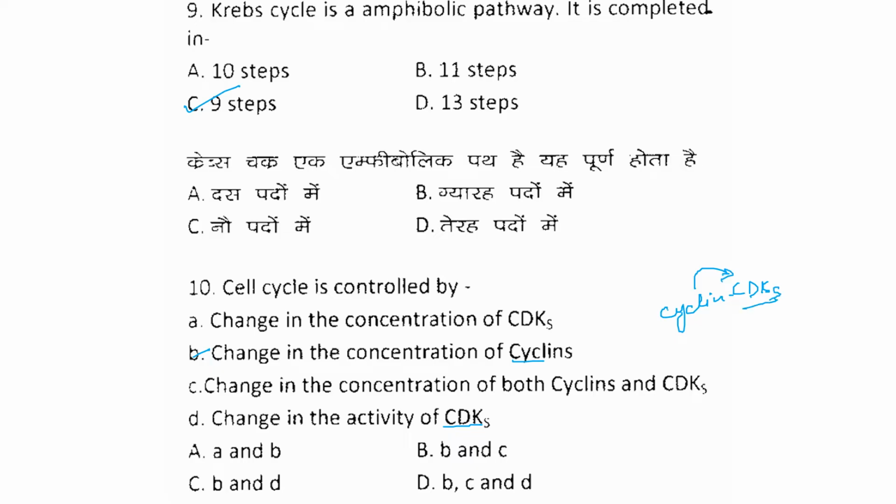CDK, as the name suggests, is cyclin dependent kinase. So they are dependent on cyclin for their activation, and the level of cyclin changes during the different phases of the cell cycle, and they regulate the activity of CDKs, and CDKs in turn regulate the activity of different proteins and factors. So there is a change in the concentration of cyclin, this is right, and there is a change in the activity of CDK. So this will be right. So answer will be B and D. So correct answer is C.